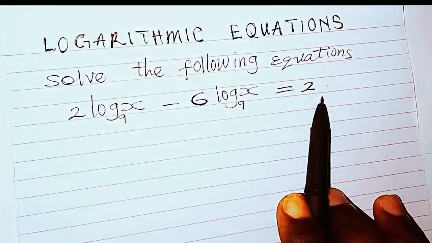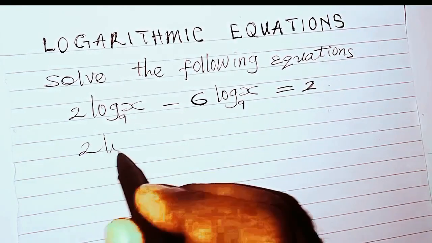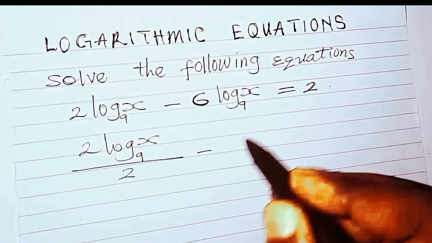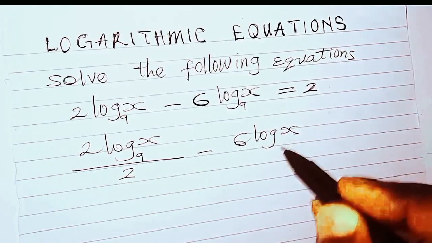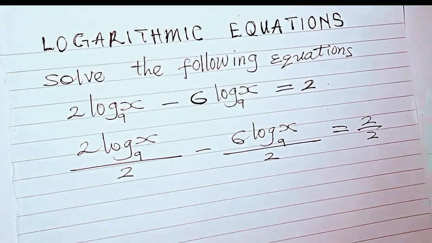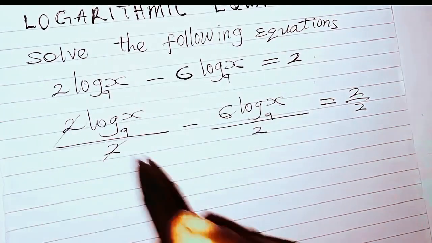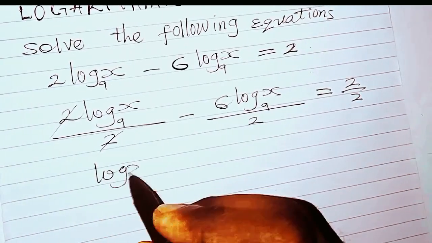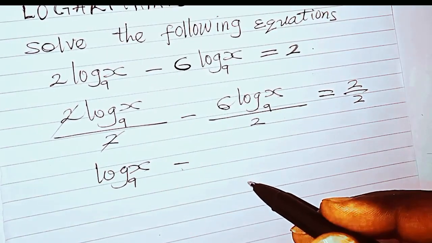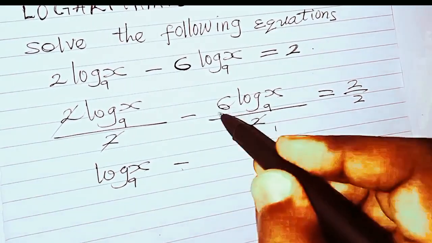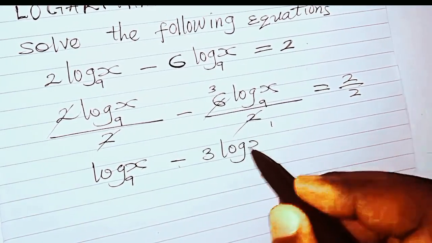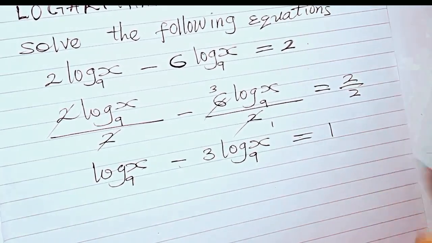So dividing through by 2, we have 2 log x base 9 divided by 2 minus 6 log x base 9 divided by 2 equal to 2 over 2. And then we can get rid of this. So we're left with log x base 9 minus 3 log x base 9 equal to 1.